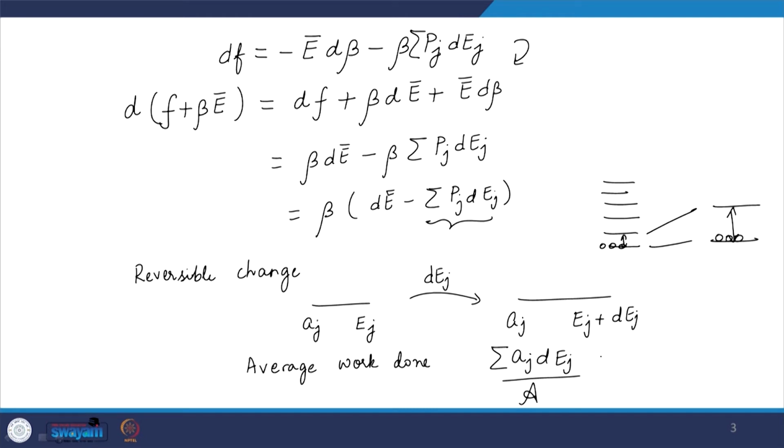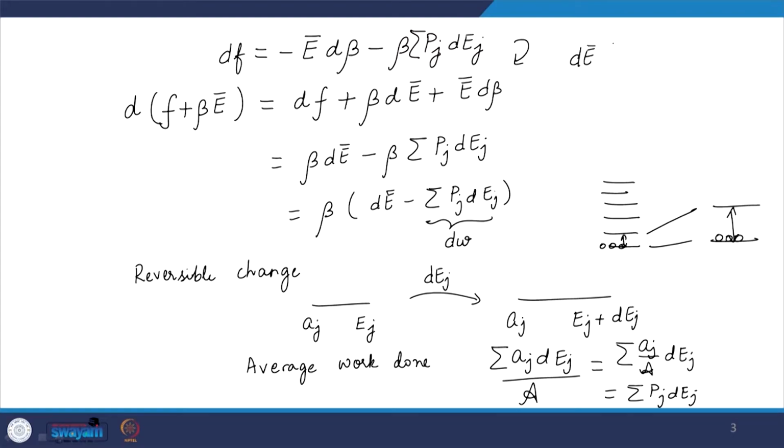So, this essentially gives me summation of Aj by A dEj, and Aj by A is essentially the probability of state Pj, so the Pj dEj term can be thought of as the work done on the system.